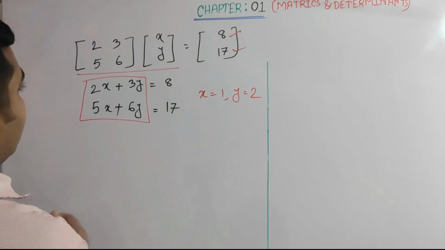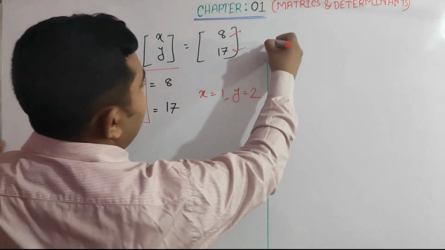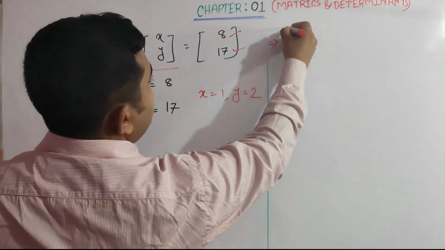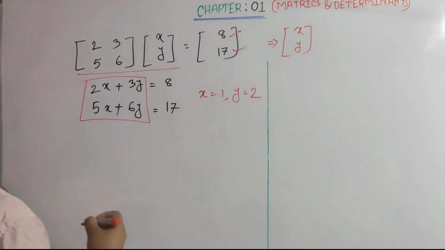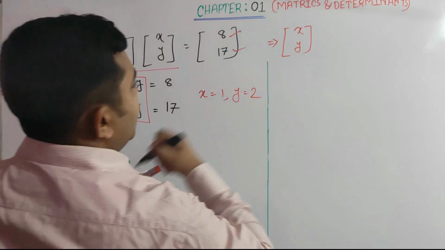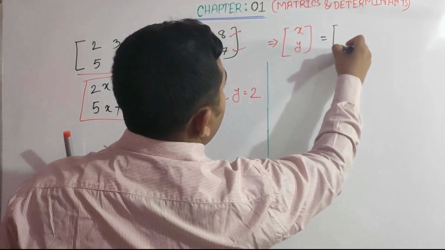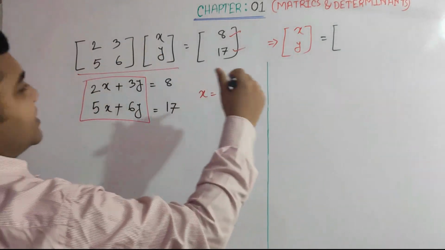Then we can go from this part like this: x y is equal to 2 3 5 6.